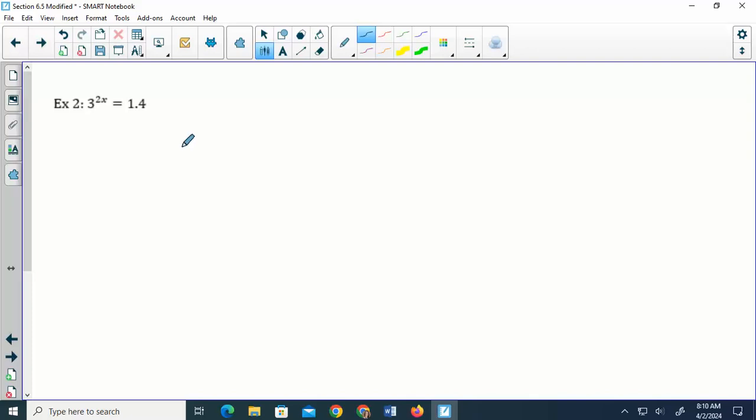No. So our option is to add a log. So log of 3 to the 2x equals the log of 1.4. It's just one log on each side. If I look at this, properties of logs, what happens? 2x goes to the front.